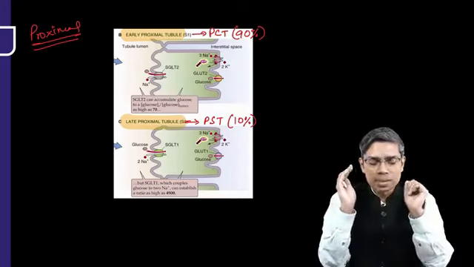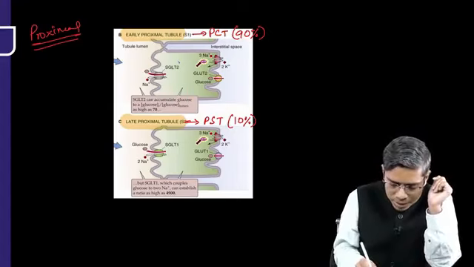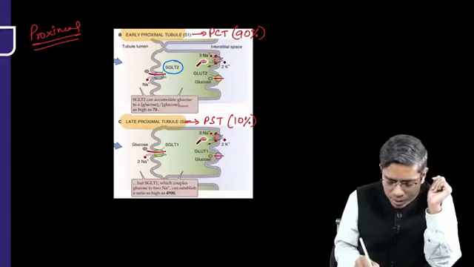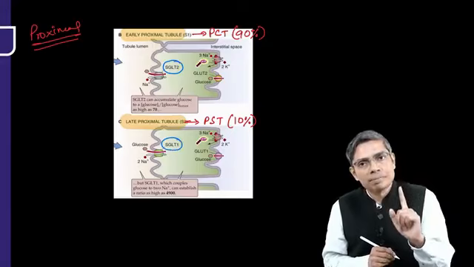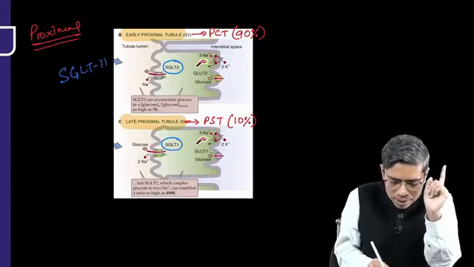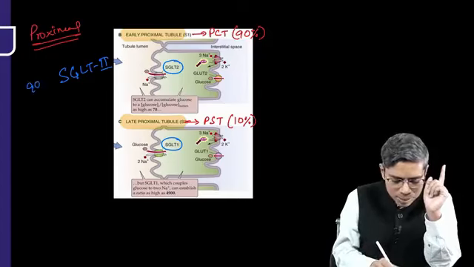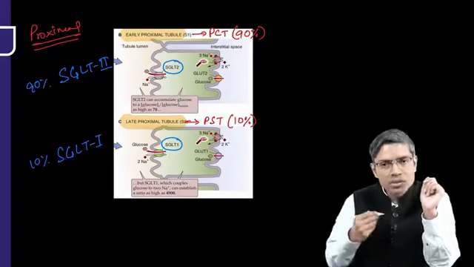So the proximal tubule reabsorbs 100% of glucose, but the first part of the proximal tubule 90%, the later part 10%. In the first part, the transporter which is present is SGLT2. In the second part of the proximal tubule, the transporter present is SGLT1. So major glucose reabsorption in the kidney is done by SGLT2, that is the 90%. And 10% glucose reabsorption occurs by SGLT1, in the proximal straight tubule.